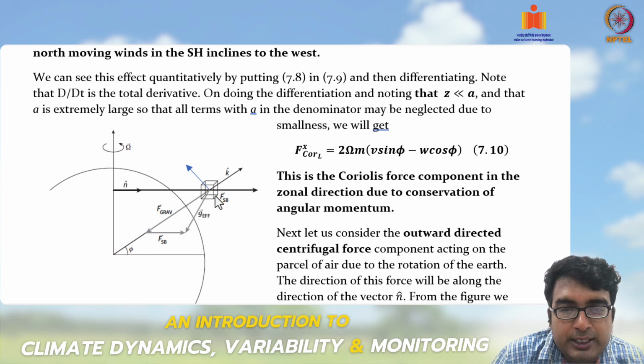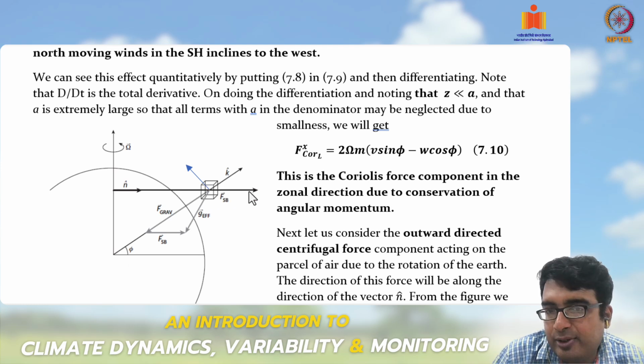So if you draw this angle here, k and j are perpendicular, so this is 90 degrees. This angle becomes phi because this line and this line are parallel to each other.